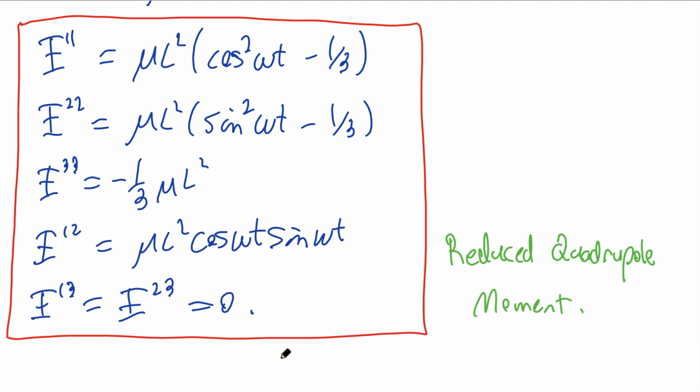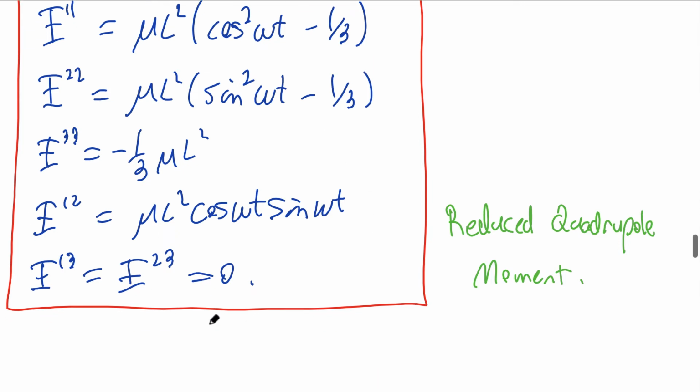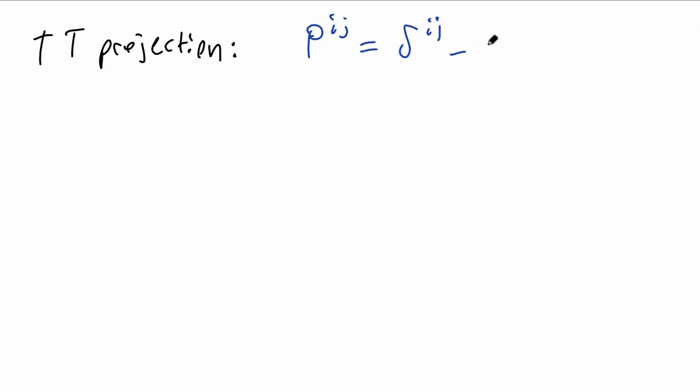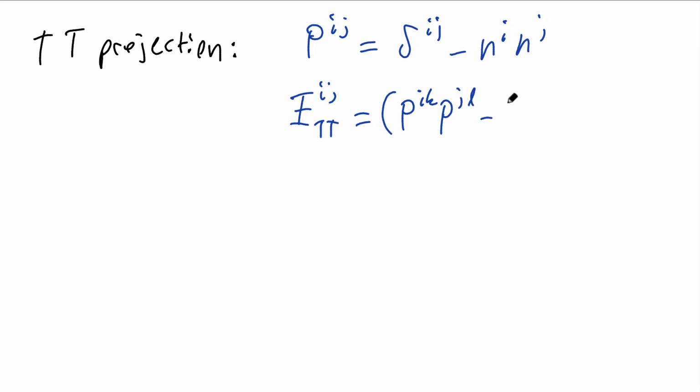Our next task is to construct the transverse traceless part of I bar. This is done using the projection operator P_ij equals delta ij minus n_i n_j, and the definition of the TT part is P_ik P_jl minus 1/2 P_ij P_kl times I bar_kl.